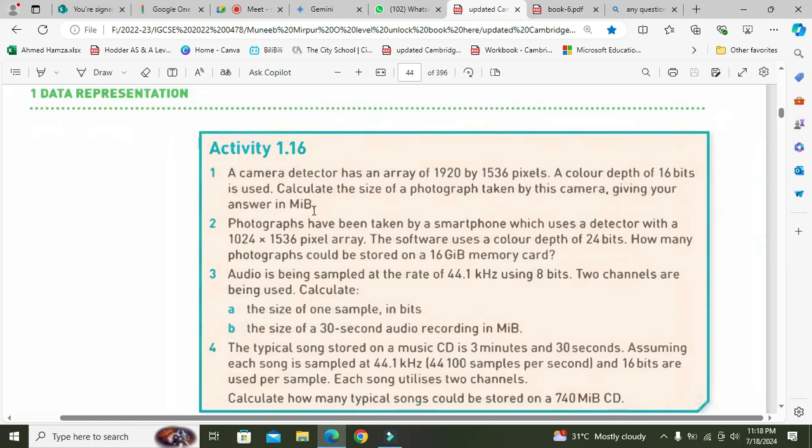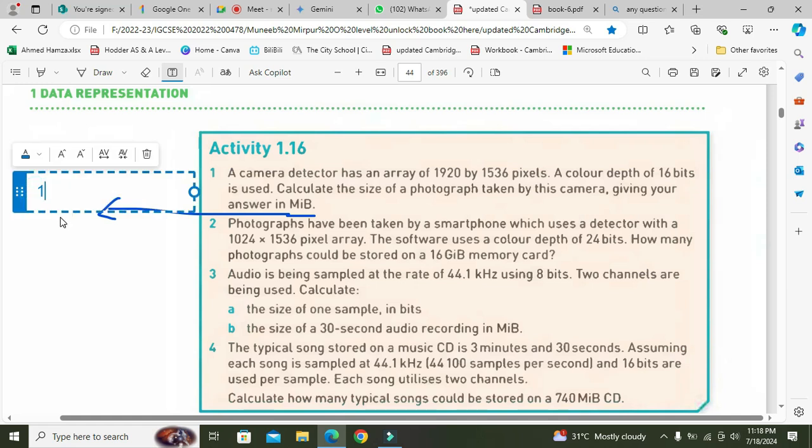We know that 1 MB is equal to 1024 KB. So when you multiply 1024 by 1024, we will get 1 MB. So I'm going to use a text tool here.